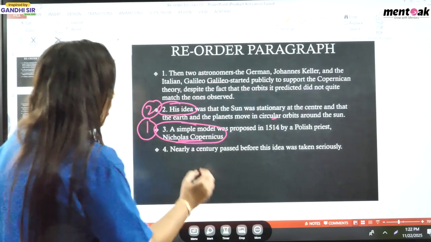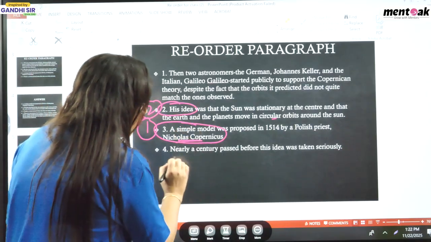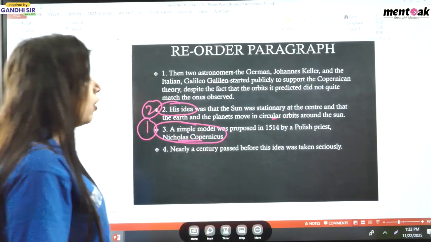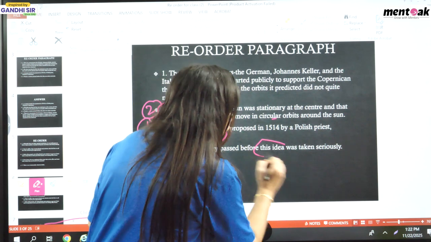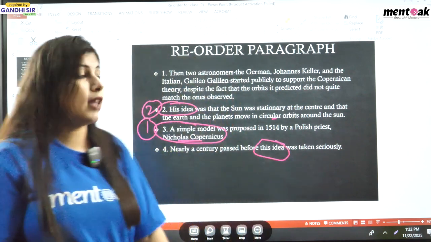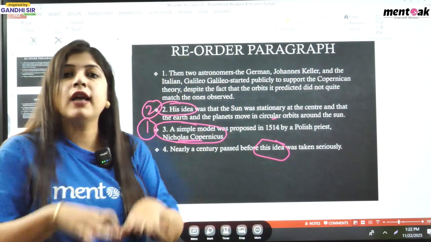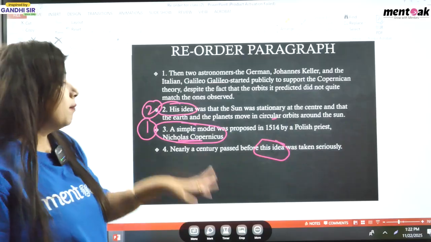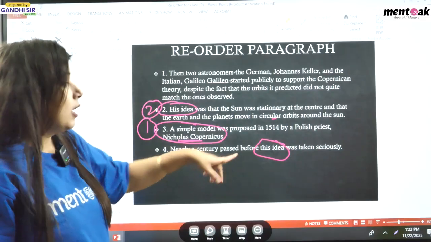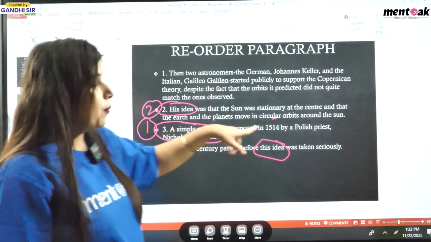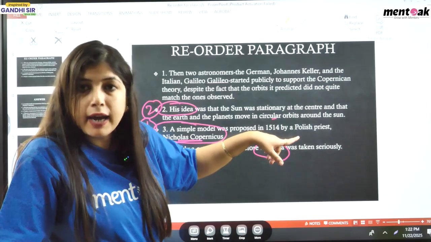See, his idea. Now nearly a century passed before this idea. Which idea are they talking about? The idea that the sun is stationary and the other planets are revolving. This means that firstly he proposed the idea, meaning he invented the idea.